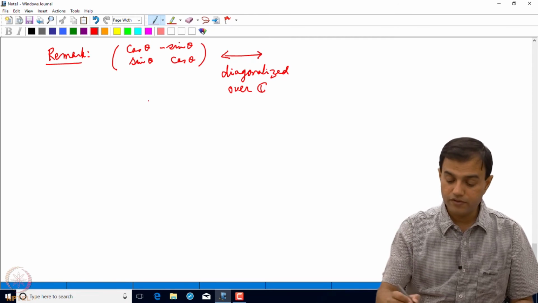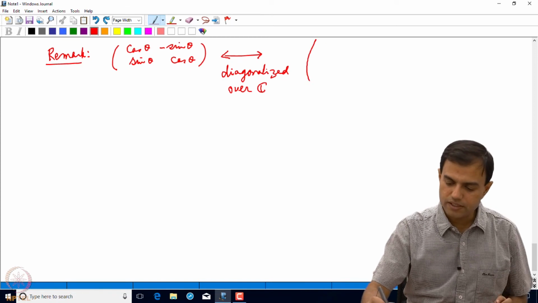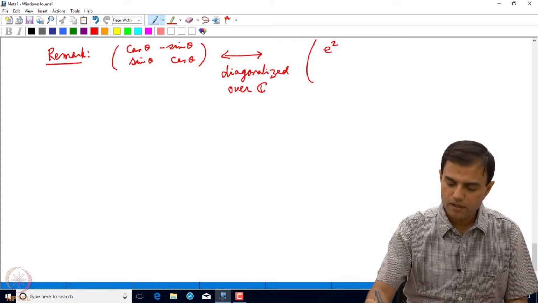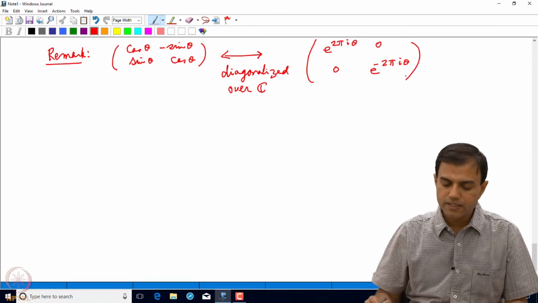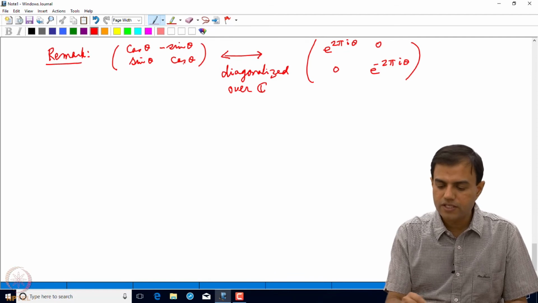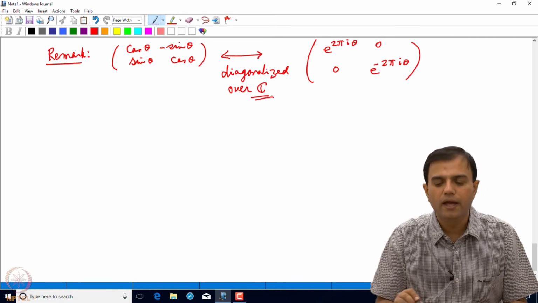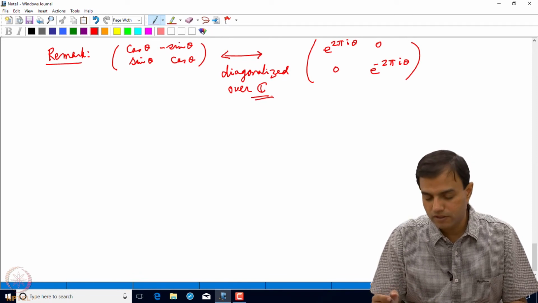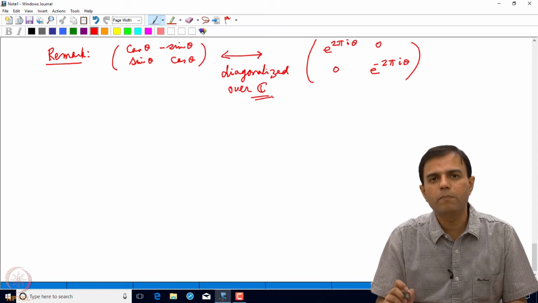We just treat them as complex entries, and what you have is e to the power 2 pi i theta, e to the power minus 2 pi i theta, and 0, 0. That means these two matrices are conjugate to each other, provided you allow conjugation by matrices which have entries in complex numbers.